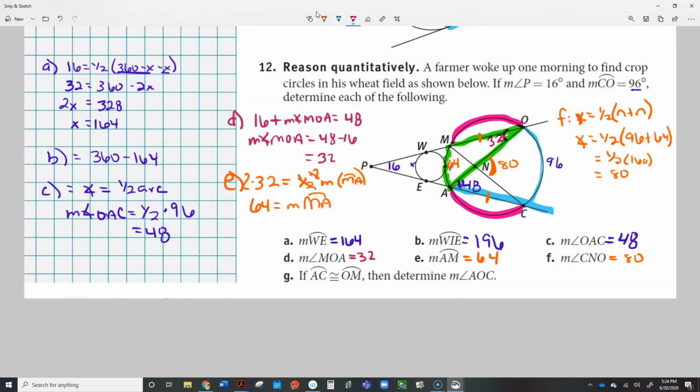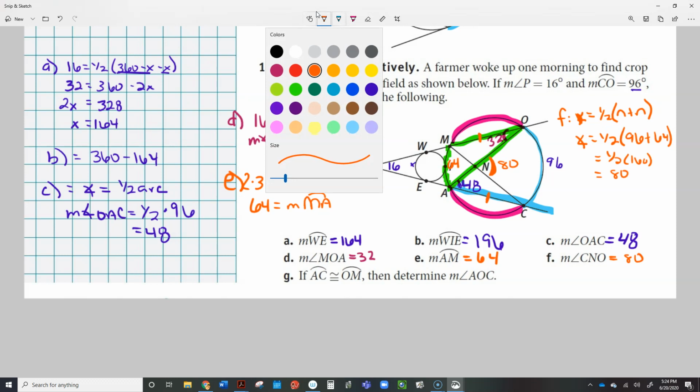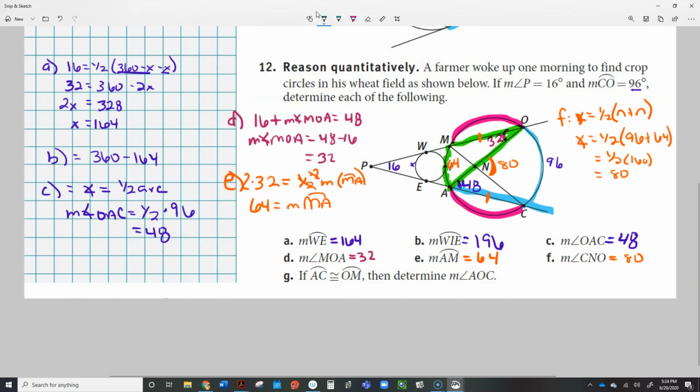And I believe that I know these two arcs. So that leaves an equation I can write. Let me change this to, I don't know, let's do green. So for part G, I can find the measure of angle AOC.